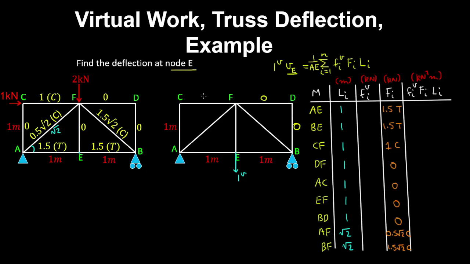And similarly at C, we also have zero force members, and vertical equilibrium of joint E gives us the tensile member, which has an internal virtual force equal to the virtual load.